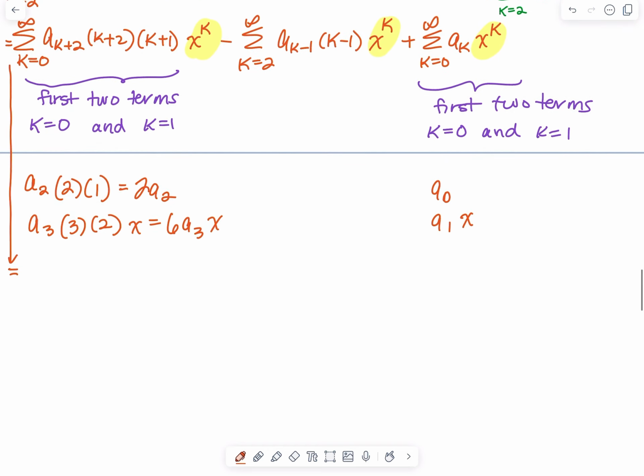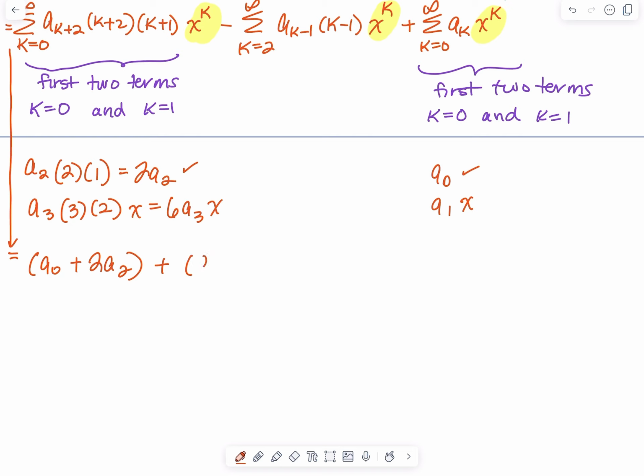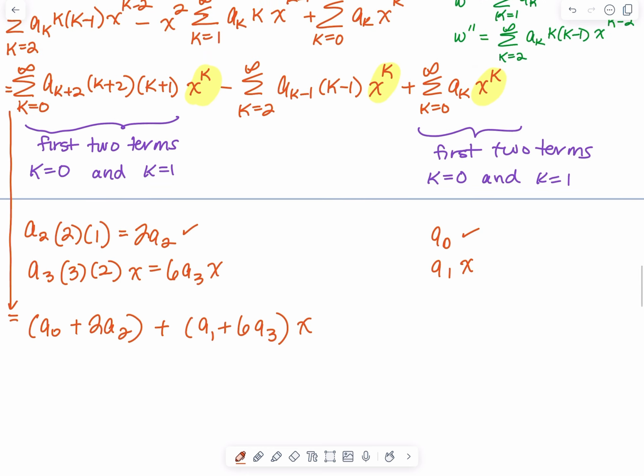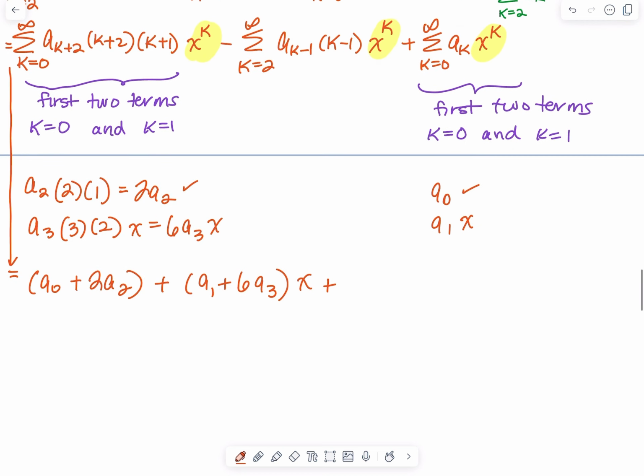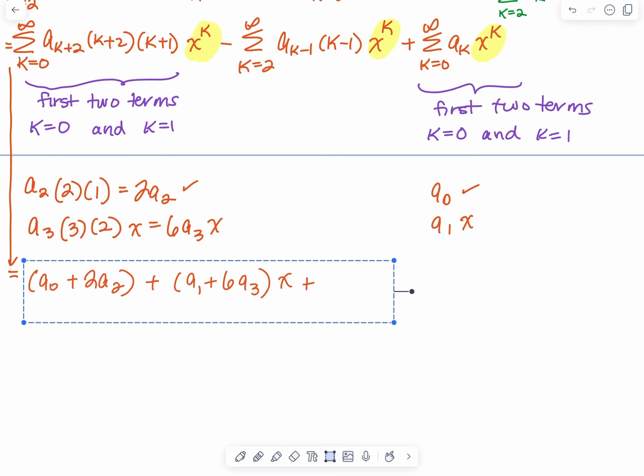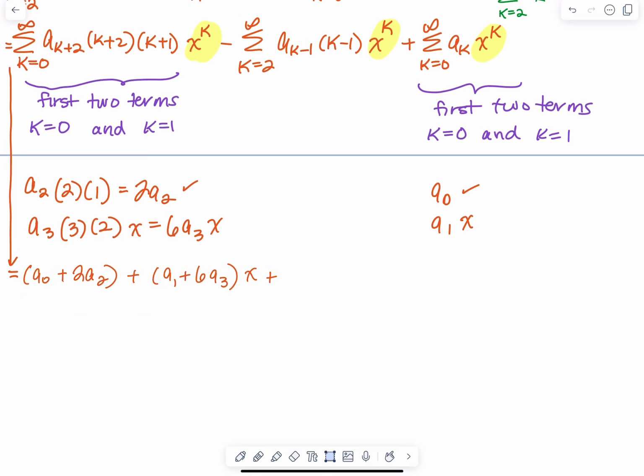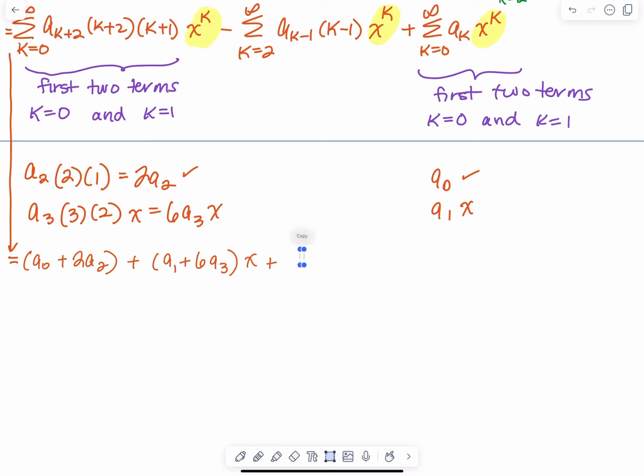We have a naught plus 2a2. So 2a2 and a naught plus, now let's factor out x. We have a1 plus 6a3, and that's multiplied by x. So now we have the rest of our sum. So here we have plus the sum from k equal to 2, since we took out our first two terms here, and this begins at 2.